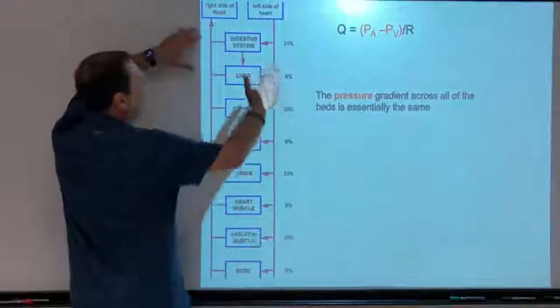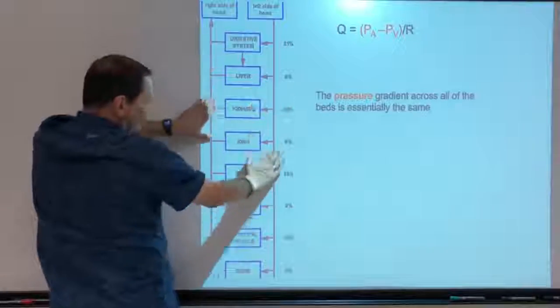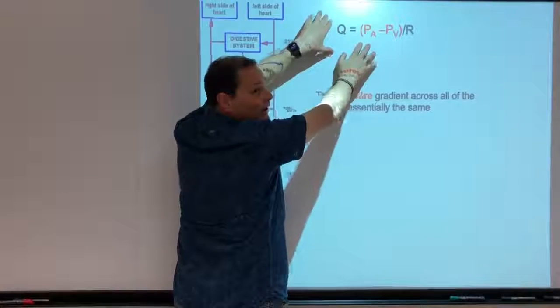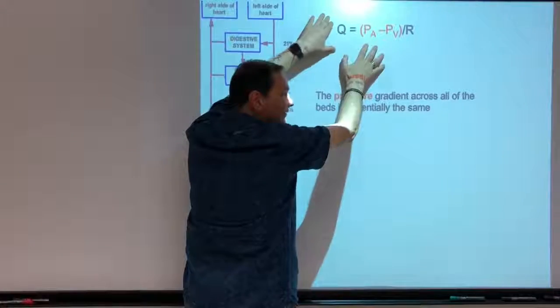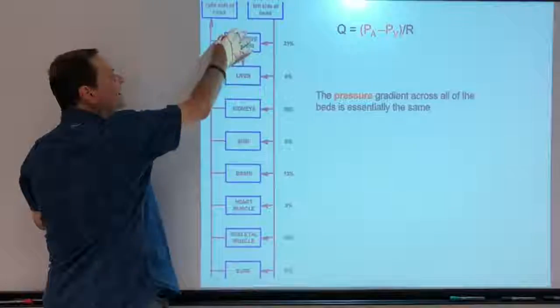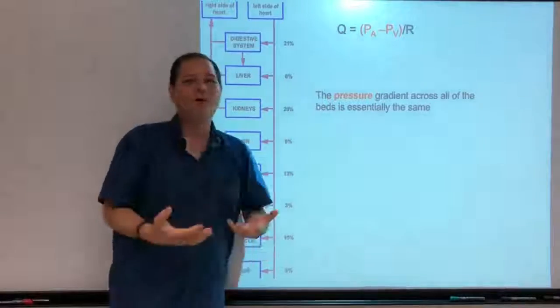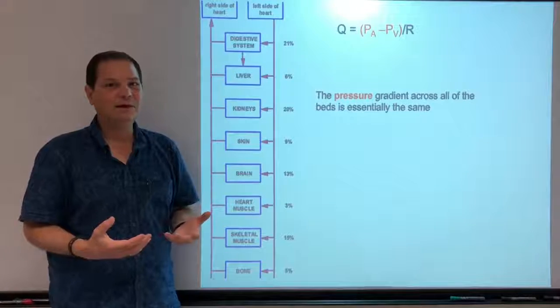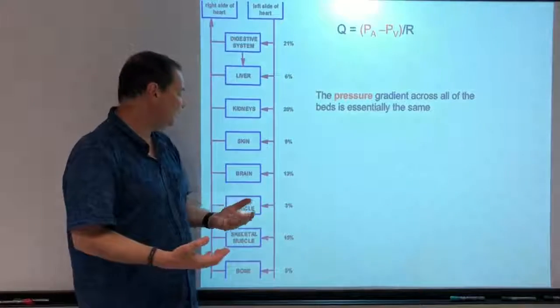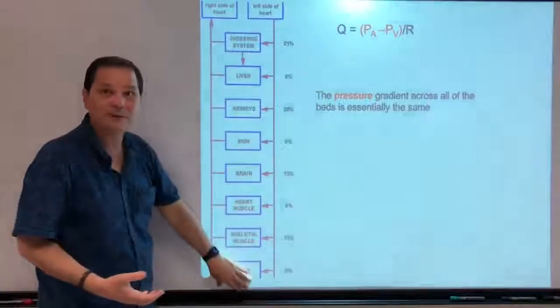So when we look at flow through any of these beds, we're talking about Ohm's law. 90% of life showing up, 90% of the rest is Ohm's law. So the flow through any of these beds is going to be dependent upon that pressure gradient, okay? And if there's a drop in the pressure gradient, then flow is going to decrease everywhere, okay?